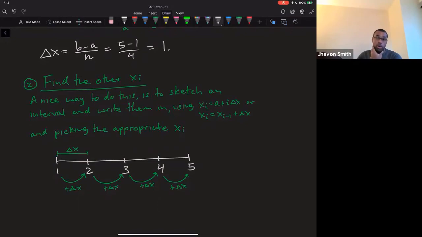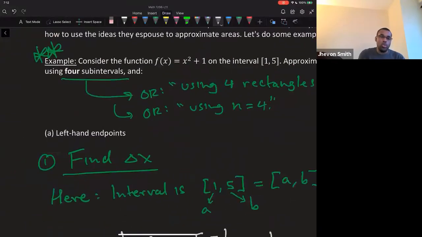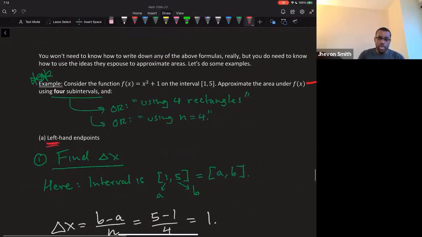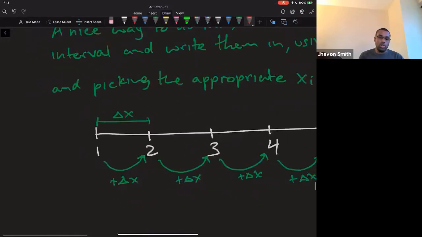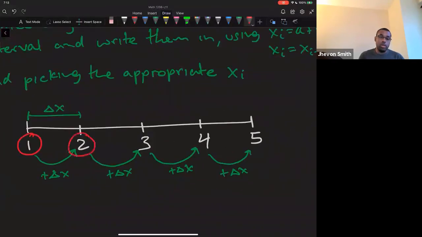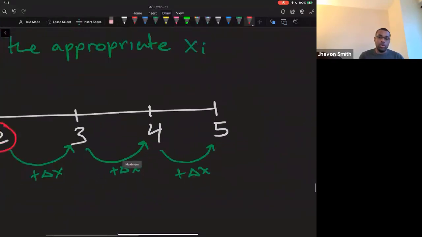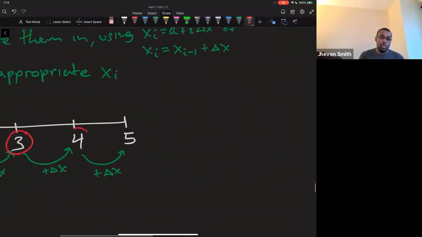And now you just want to pick the right ones. How do you know how to pick the right ones? Well, look at the process you're doing. Here we want left hand, which means on each subinterval, we're going to pick the guy on the left. So on the subinterval 1 to 2, I'm going to pick the 1. On the subinterval 2 to 3, I'm going to pick the 2. On the subinterval 3 to 4, I'm going to pick the 3. On the subinterval 4 to 5, I'm going to pick the 4.